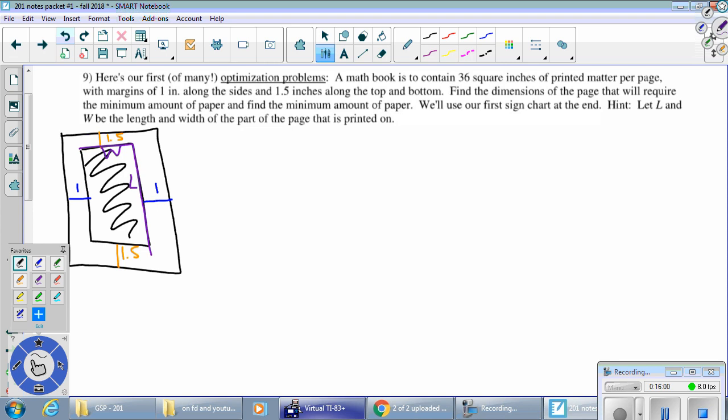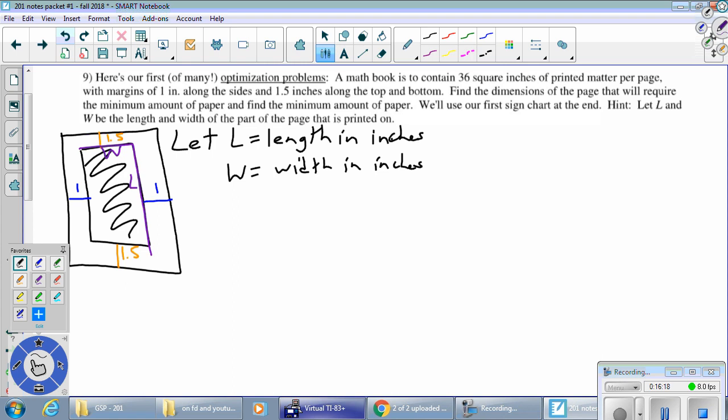It says let L be the length and let W be the width. Well, why don't we do it? Good habits. L equal the length in inches and W equal width in inches. Okay, so we've got quantity words and unit words, length in inches, width in inches.